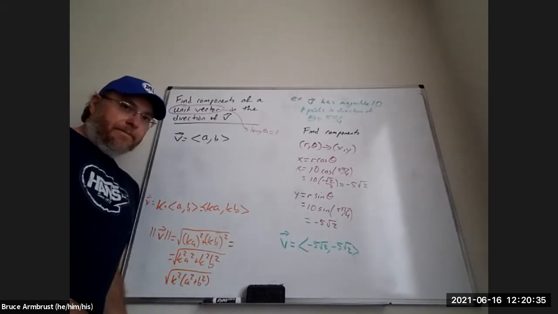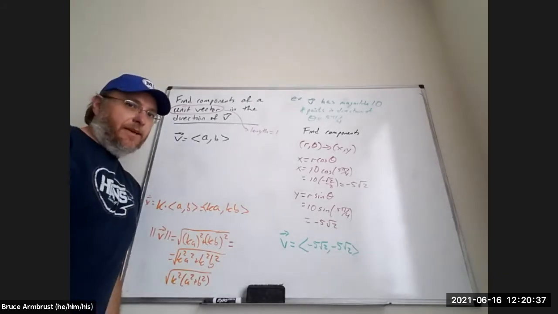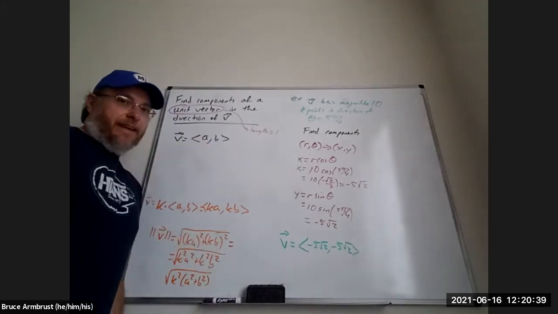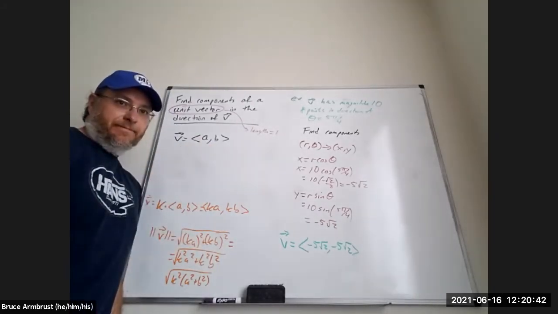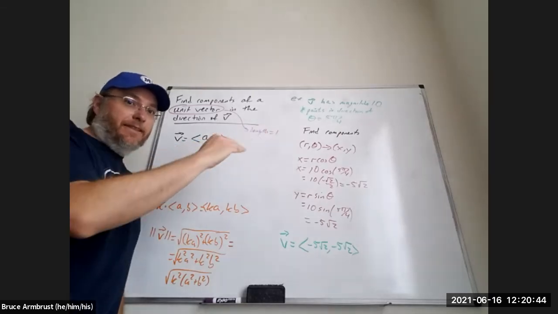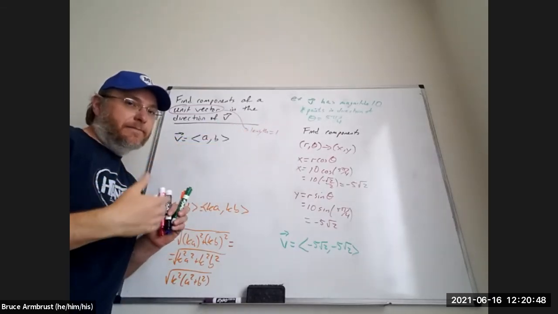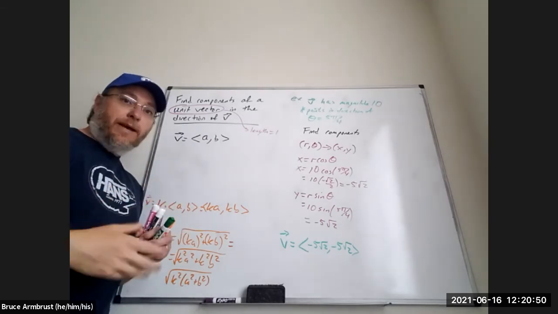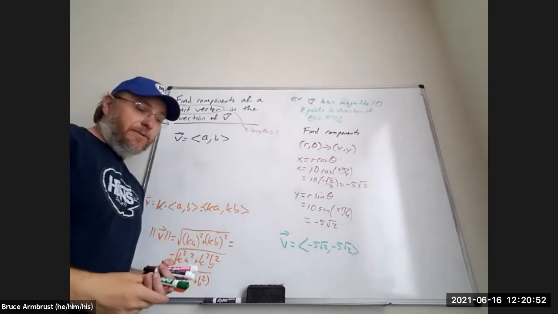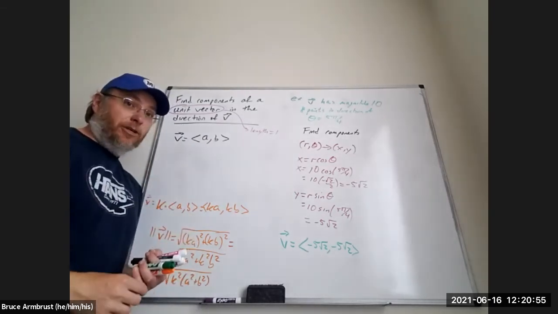Well, that means we're going to need to change the length of this vector. If it's not length 1, we're going to have to either make it longer so that it is length 1, or shrink it down so it's length 1. But either way, we're going to change its length, which means we need to multiply by a scalar.